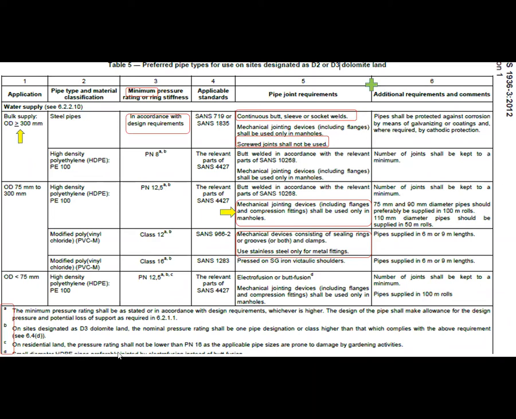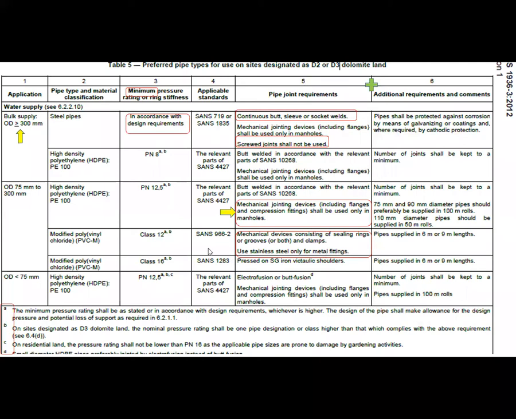Basically, electrofusion is preferred. They rather request that if it's in a residential setup or on residential property, you rather use electrofusion versus butt fusion. But I want to say that it does state both. The one is just preferred over the other one. Once again, any mechanical joining devices must be in manuals. The other pipe sizes, they require that it should be supplied in 100-meter rolls.